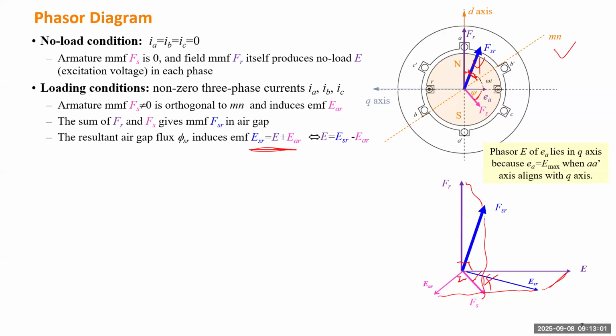Then we'll have this equation. E is considered to be the internal voltage source. Why? Because E will exist no matter whether the generator is connected to any load. Even under no load condition, when the armature current is zero, the generator still has this E as long as the rotor is revolving.